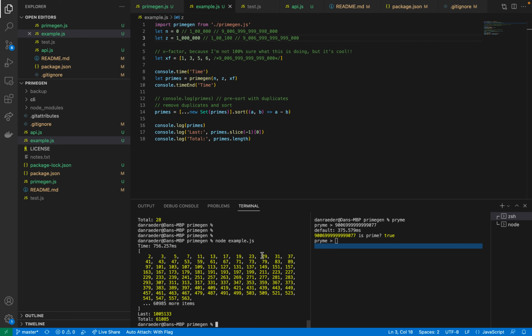So it says the total here is 61,085. I'm missing about 18,000, 17 or 18,000. So that's not bad. Now, if I were to tweak my X factor, I could probably find the right combination of numbers to get these other missing numbers.